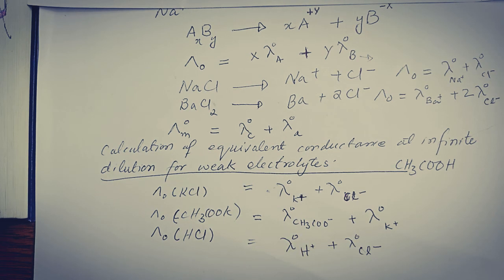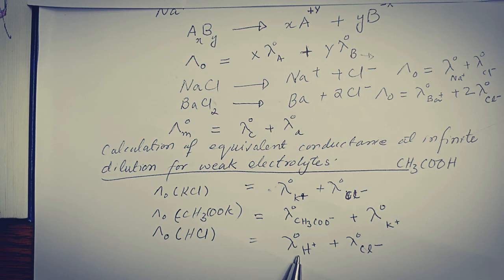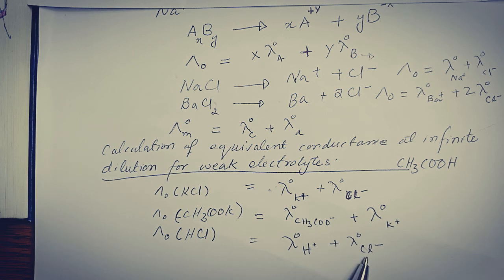For HCl, the equivalent conductance is the combination of ionic conductance of hydrogen ion and the chloride ion.